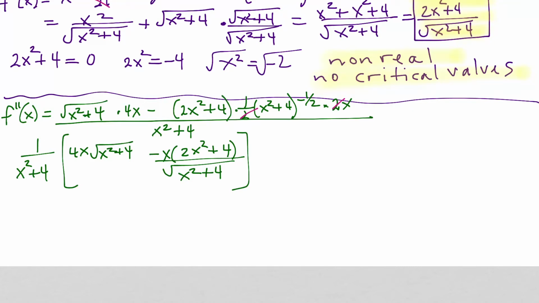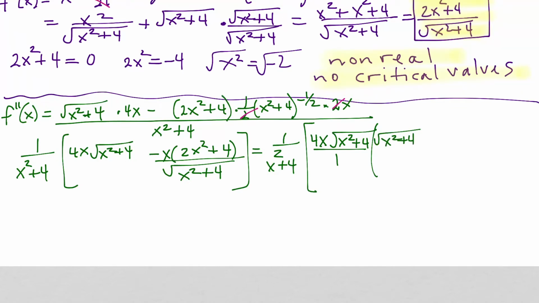Now let's multiply this piece by the square root of x squared plus 4 over the square root of x squared plus 4. So I'll get 1 over (x squared plus 4) times 4x. Let's just write it out so there's no confusion about what I'm doing here. I'm multiplying that to try to get a common denominator.